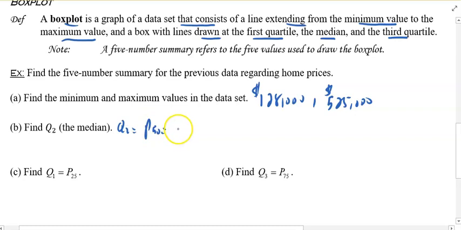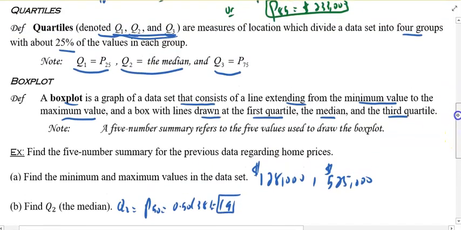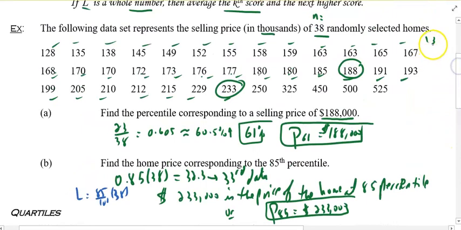Find the median. To find the median, so pretty much the 50th percentile, I take 50% of 38, that is 19. Since that's a whole number, I'm going to take the 19th. Remember, this was 13, 14, 15, 16, 17, 18, 19. I'm going to average those two.